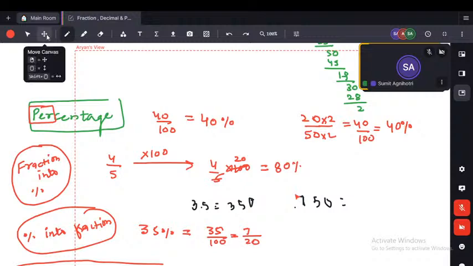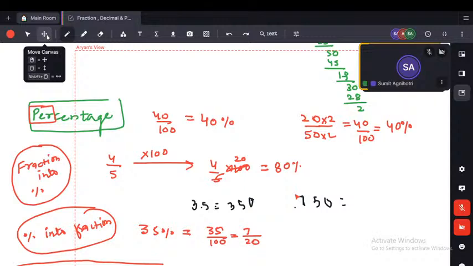Then fraction into percentage, you need to multiply by 100. Percentage into fraction, you need to divide by 100. Decimal into fraction, you need to remove the decimal symbol and simplify. Decimal into percent, you need to multiply by 100.